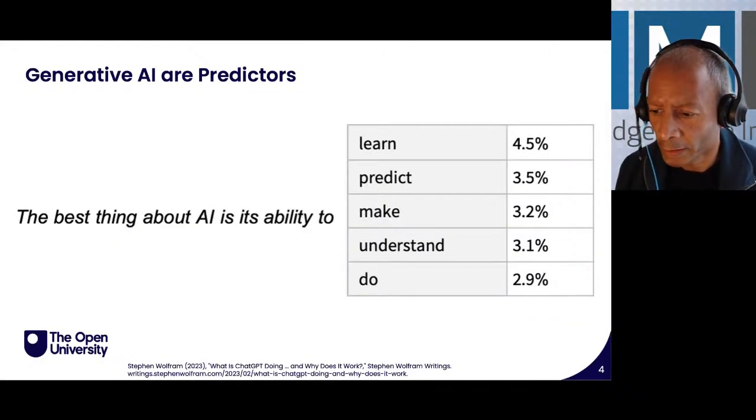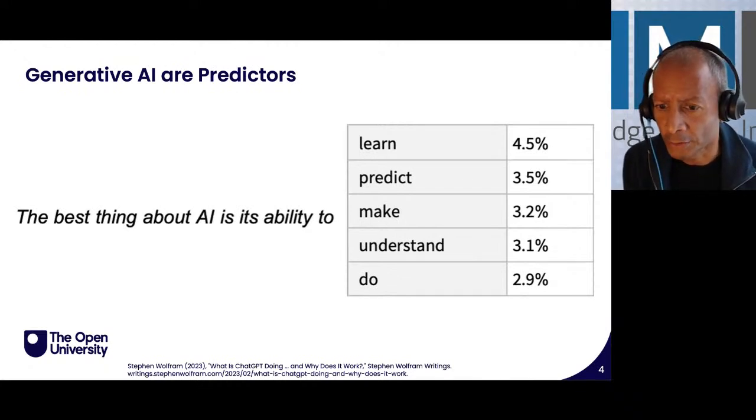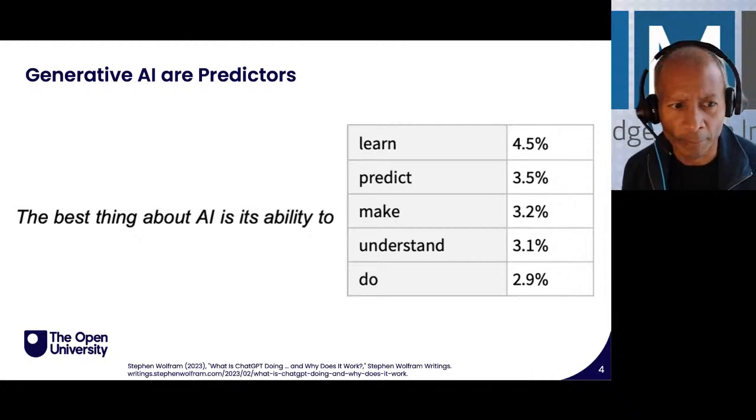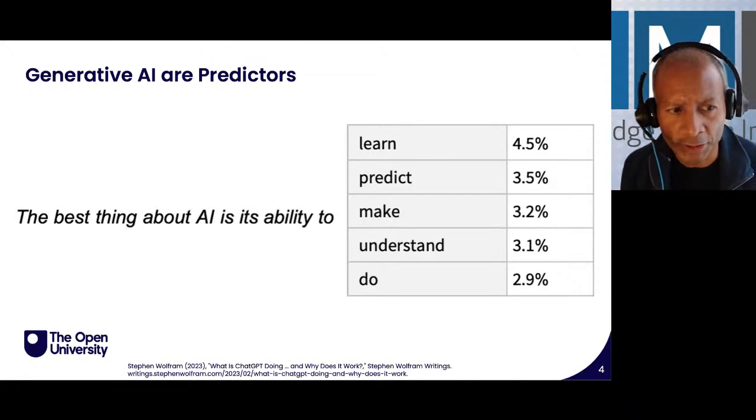So generative AI models like ChatGPT are predictors. They predict what follows an input. So for the text versions, you put in a bit of text and it predicts the next word. So here I have part of a sentence.